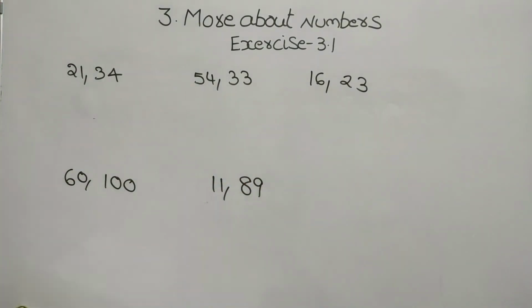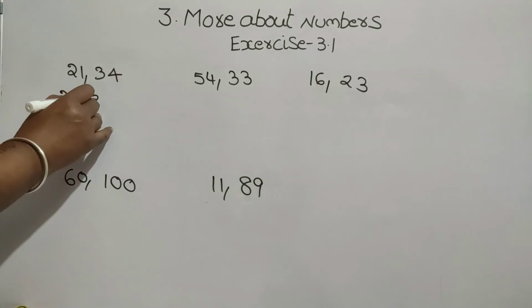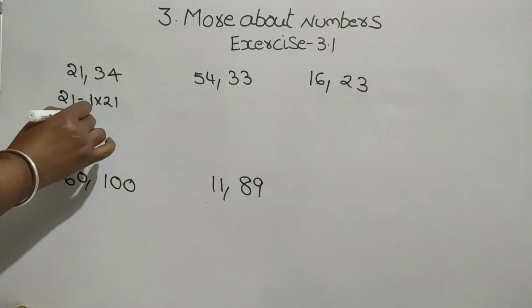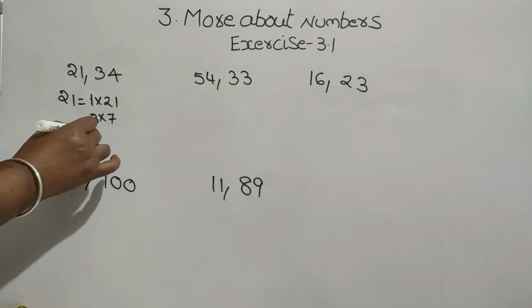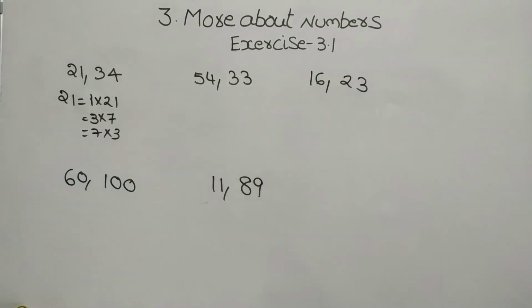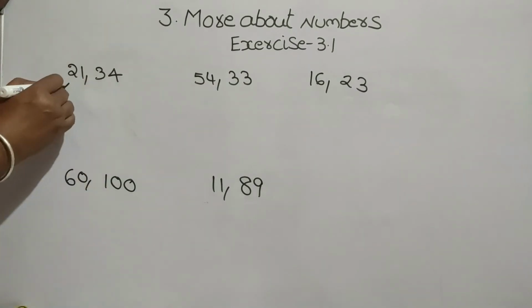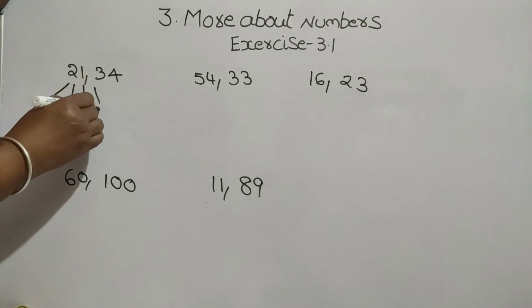Here 21 and 34, if you see, 21 factors are 1, 3 sevens are 21, 7 threes are 21. So we can say 4 factors including 1: 1, 3, 7 and 21.